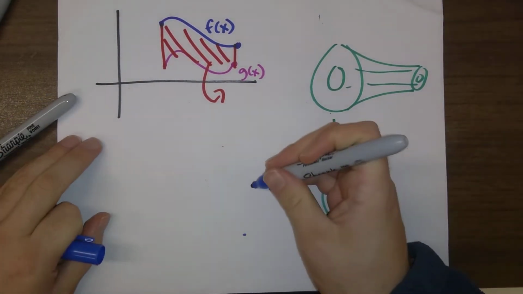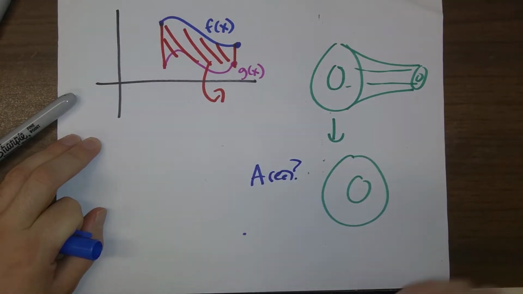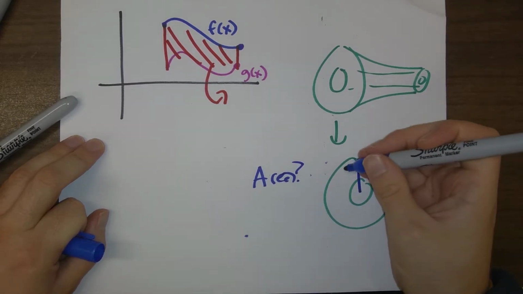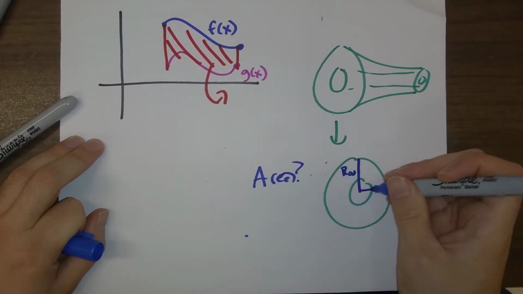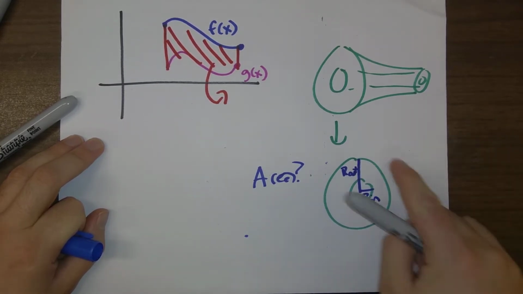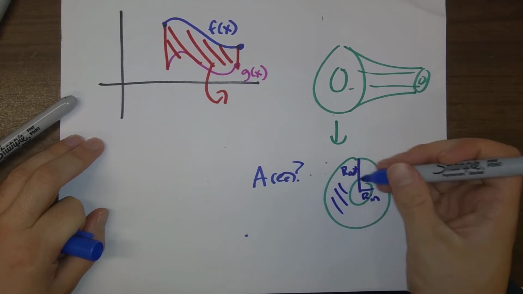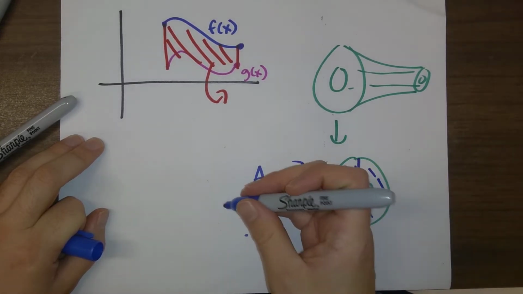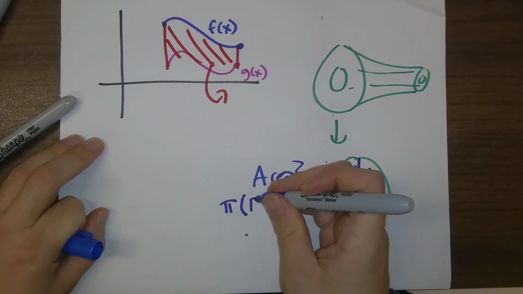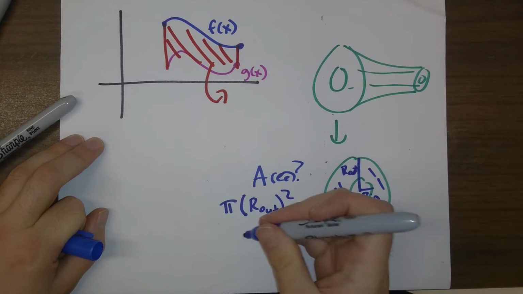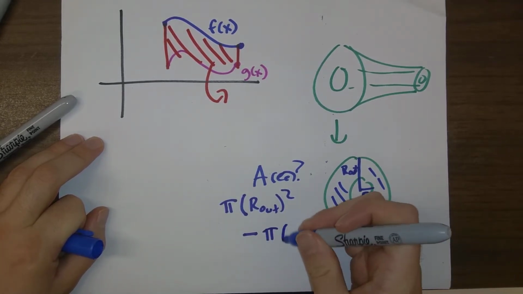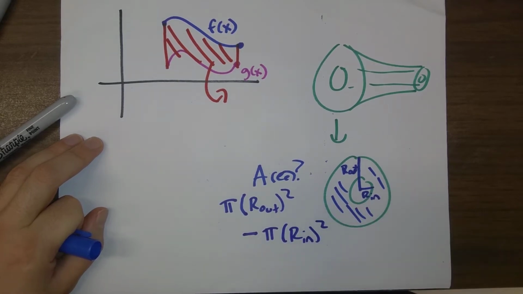And what is the area of this? Well, there are two different radii that we have to consider here. Let's say this is r sub out, and this is r sub in. The area of this region is exactly the area of the bigger circle, which is pi times r sub out squared, but then we have to subtract off the area of the inner circle, which is pi times r sub in squared.